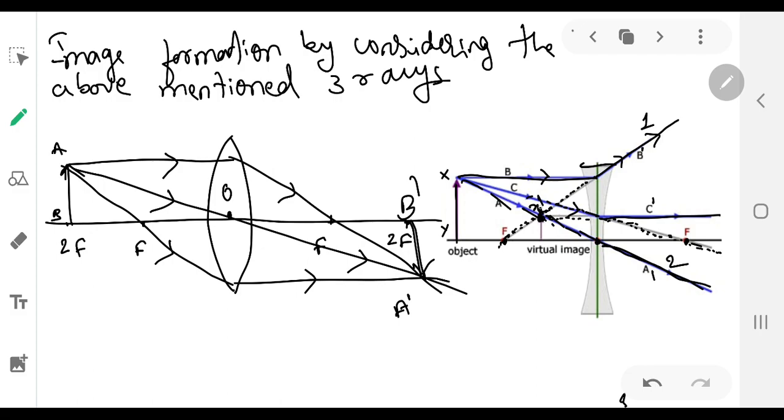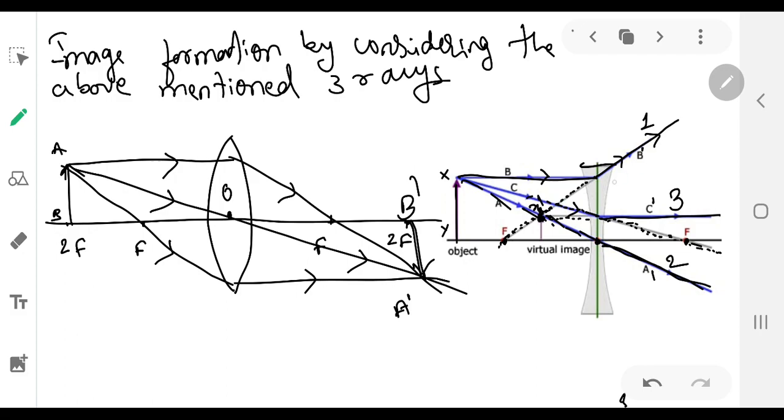So this X dash is not formed by the actual meeting of the refracted rays. How is it formed? By the meeting of the extrapolated directions of these refracted rays. When all the three refracted rays are extrapolated in the backward direction, they meet at this point.